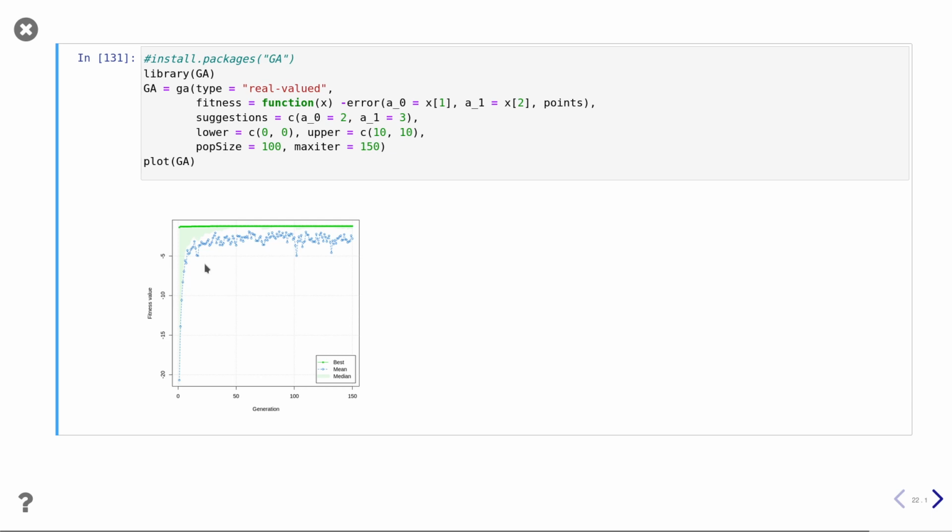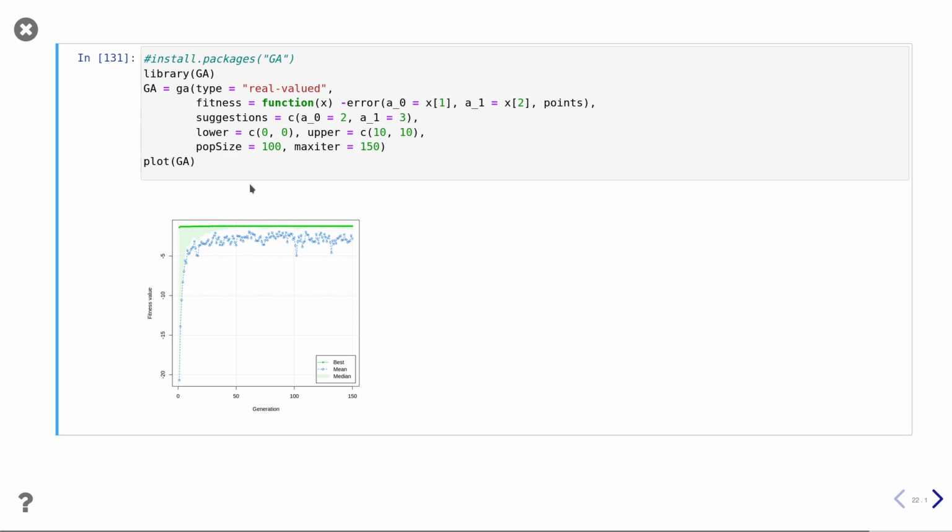Okay. And you can see that in 150 generations, my best value has reached a value that is relatively good. I'm very close to zero here. I'm still having some variety, of course, because it's a genetic stochastic algorithm. Until it's done 150 iterations, it's still throwing in random values and trying to see if it can find a better value.